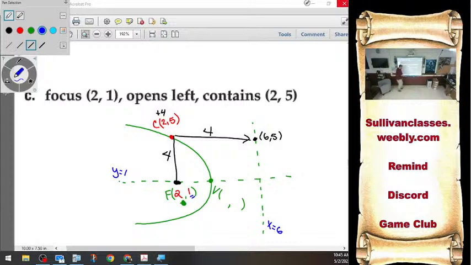So this point is not a relevant feature of my graph, but it is where my axis of symmetry and my directrix meet. Since I p in both directions, from my vertex to my focus and my vertex to my directrix, that means my vertex is the midpoint of those two.